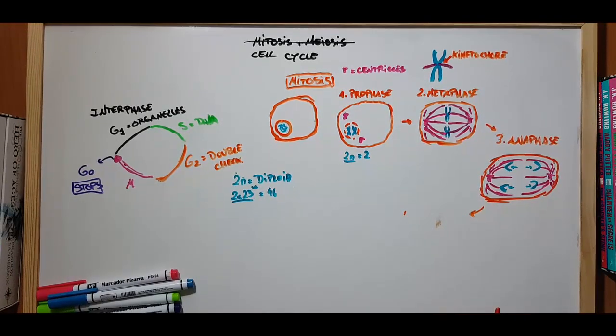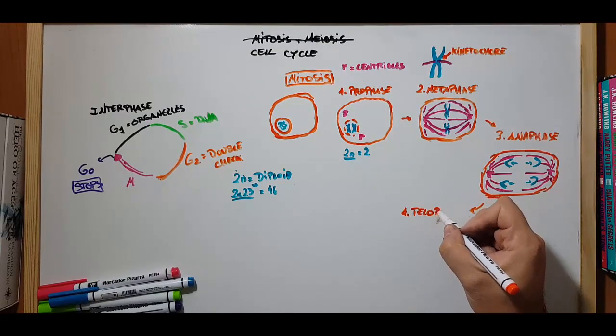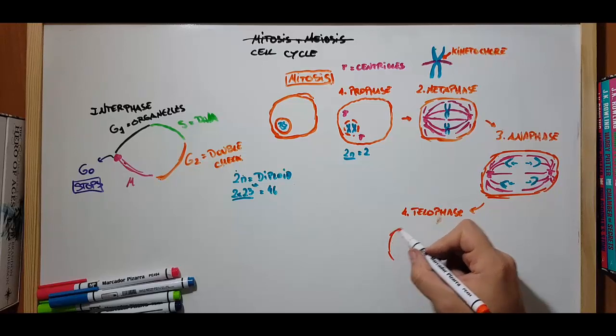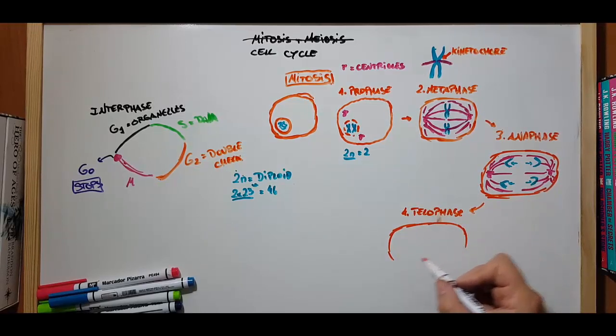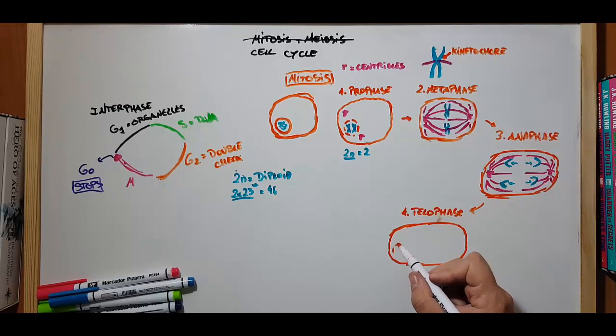We have the telophase, where the cell is fully elongated. The genetic material is going to be at the poles, and then the nucleus is going to reappear.